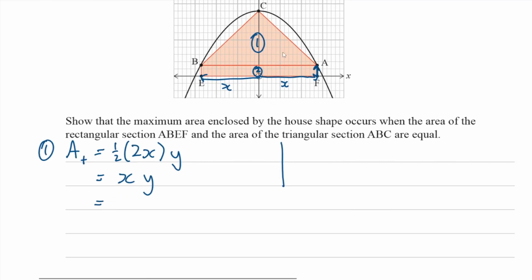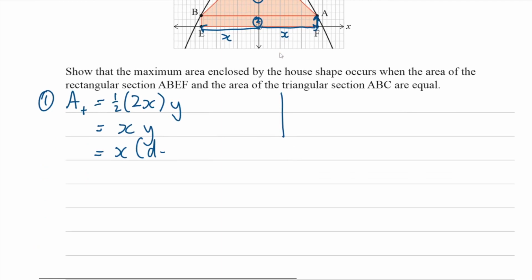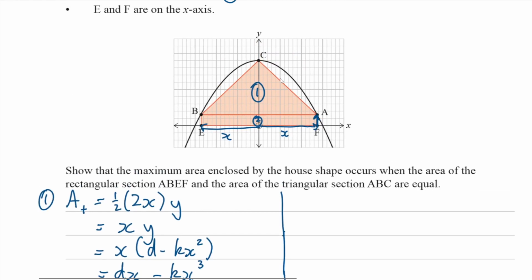So that will become x times d minus kx squared, or dx minus kx cubed. So that is the area of the triangular section ABC.